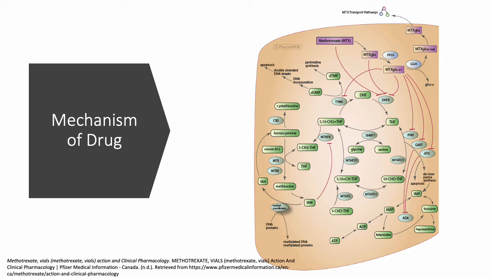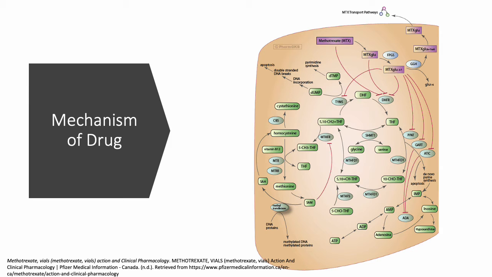Methotrexate is most active in rapidly multiplying cells because its cytotoxic effects occur primarily during the S phase of the cell cycle. Since cellular proliferation in malignant tissues is greater than in most normal tissues, methotrexate may impair malignant growth without irreversible damage to normal tissues.